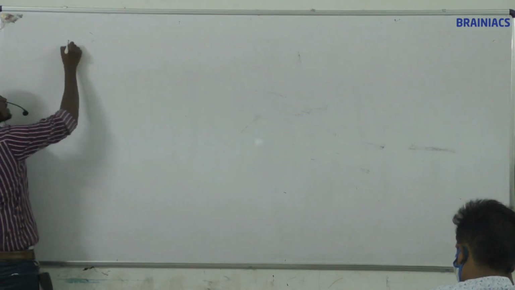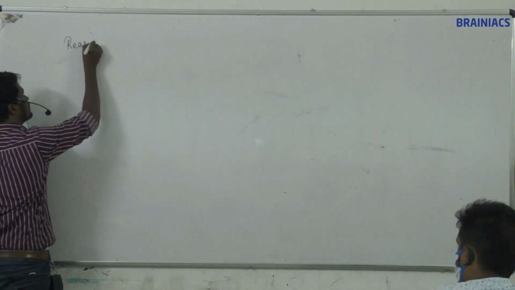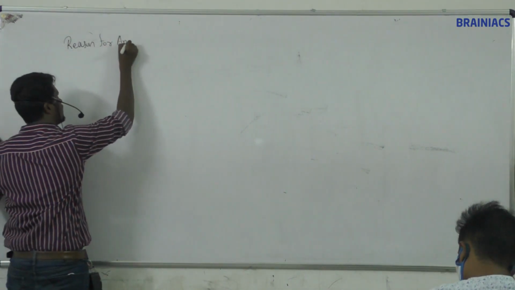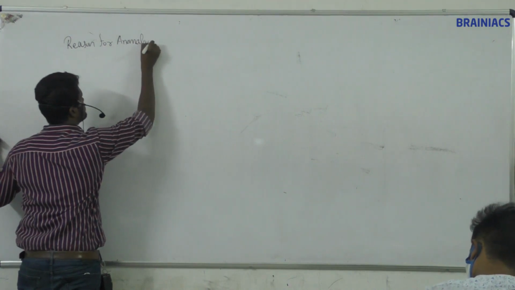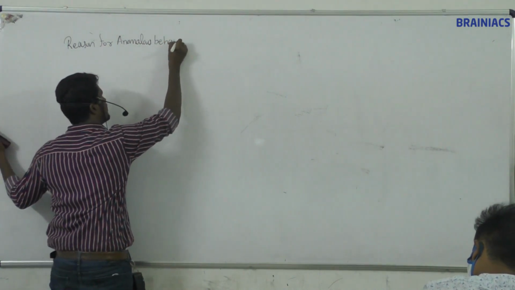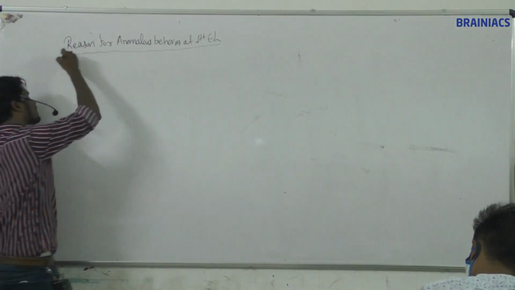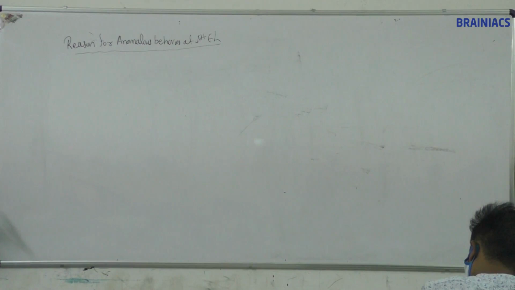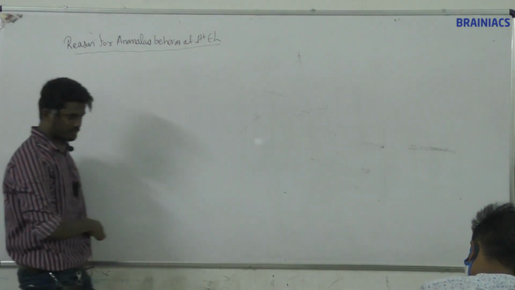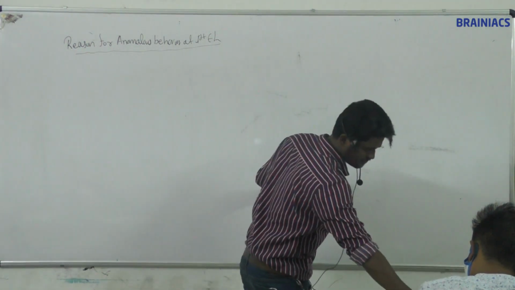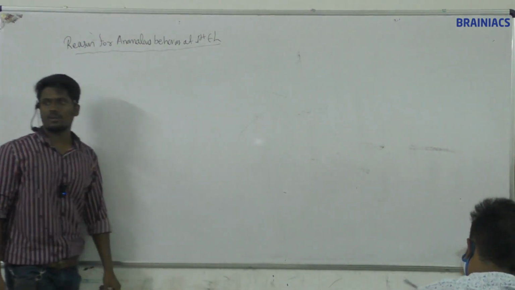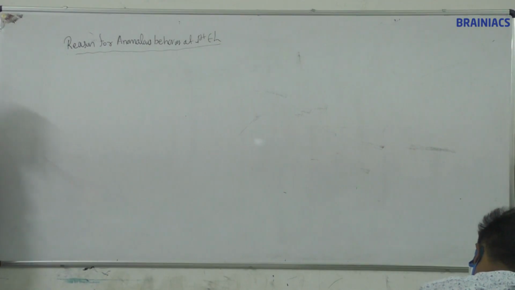Next one, reason for anomalous behavior of first element. What are the basic reasons for the anomalous behavior of the first element in every group?